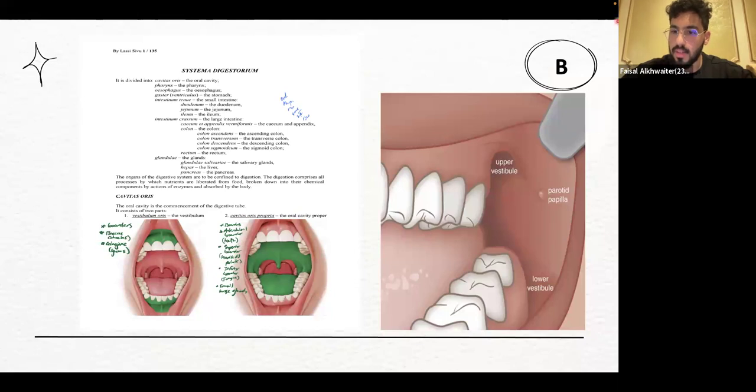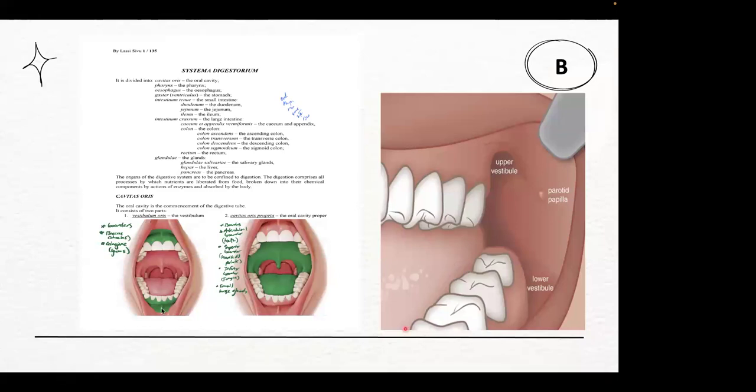As you can see here, the parotid duct is in the vestibule. It's still within this area, not inside the oral cavity proper. I think it's an easy concept, right? I think it's pretty clear.